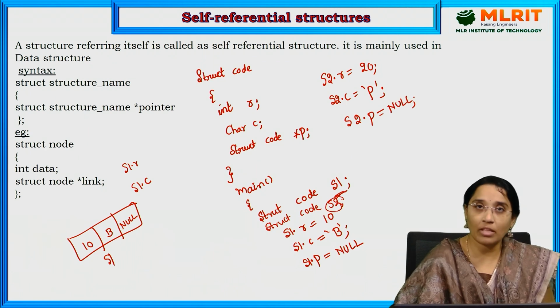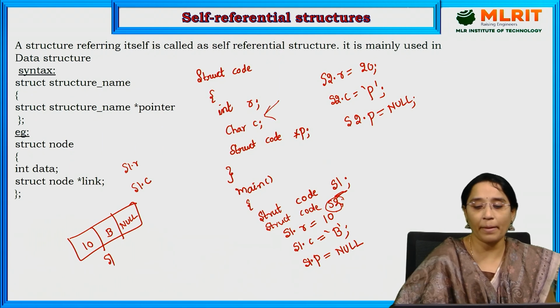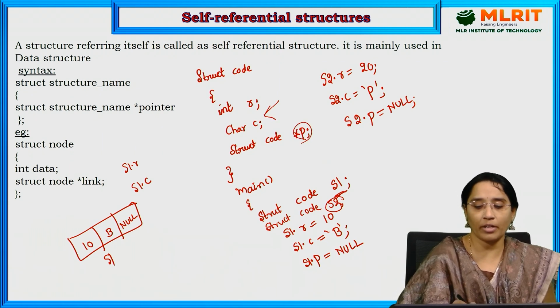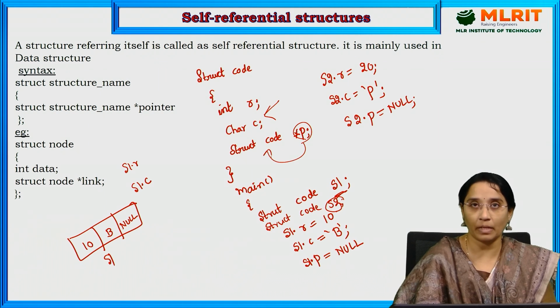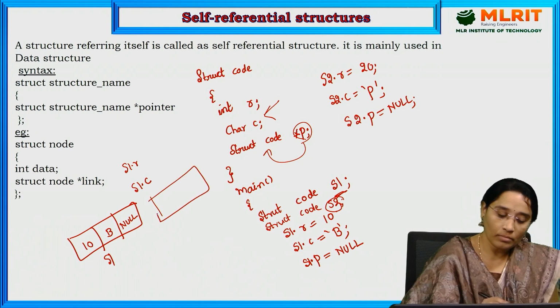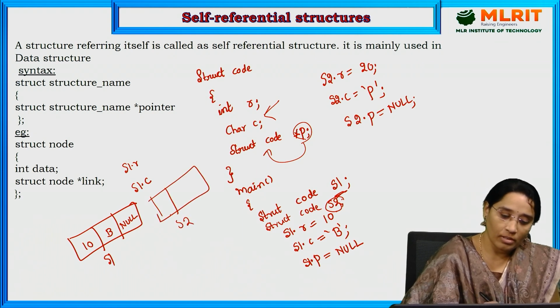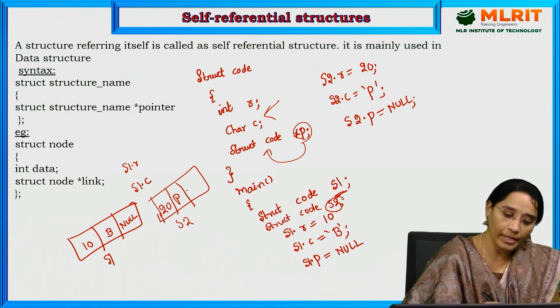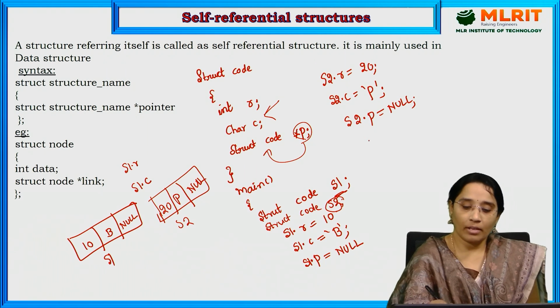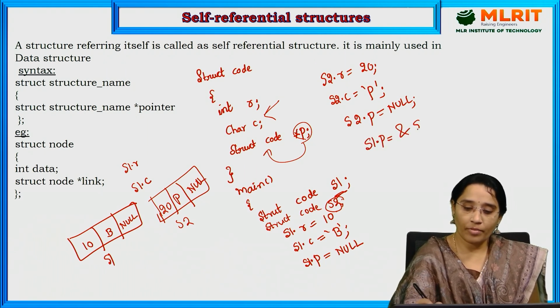With the help of this variable, we are trying to access the members of the structure. The members of the structure are r, c, and this is a pointer variable which is pointing to the same type. So it's a self-referential structure. So s2 dot p is equal to null. So again I'll represent this one. It is s2 and it contains 20, p and null. And one thing we'll do, s1 dot p is equal to address of s2.